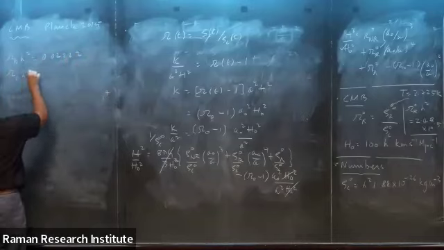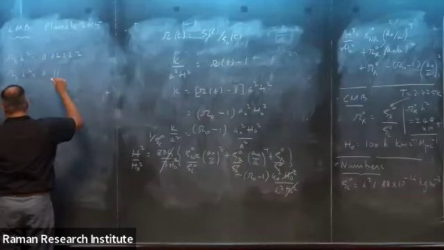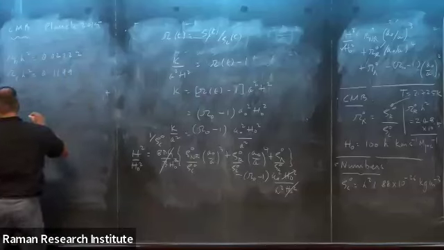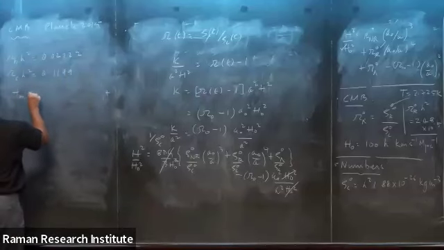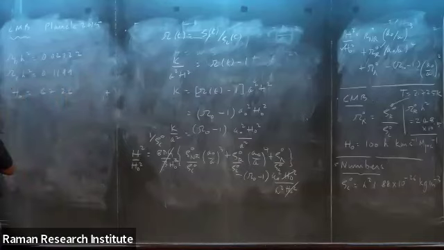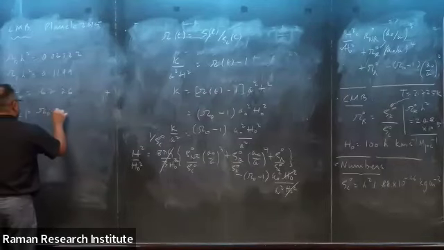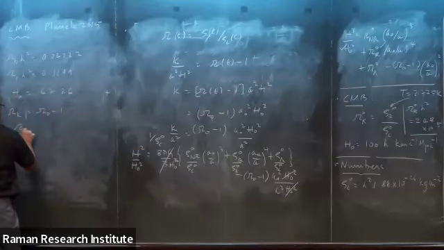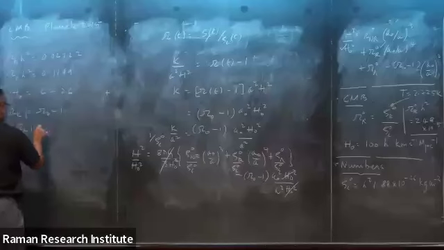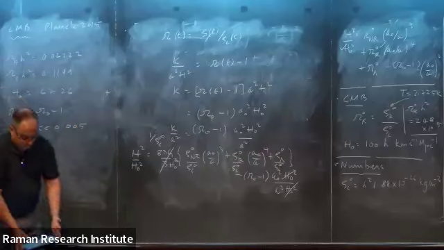Omega C h squared, I will explain what these notations imply in a minute. H naught equal to 67.26. Omega K is equal to omega naught minus 1, and the modulus of omega K is much less than 0.005.